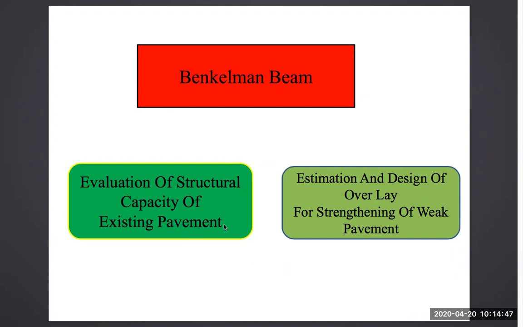So structural evaluation of flexible pavement is done through the BBD study. It is a static method. Once I conduct the BBD studies, I can go for estimation and design of overlay. Overlay is an extra layer on the surface of the pavement, if your existing pavement is not capable of taking the existing traffic condition.